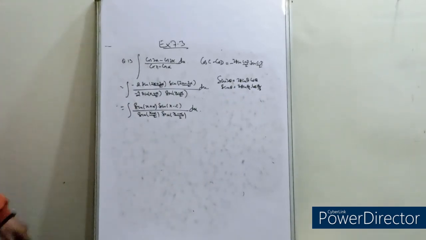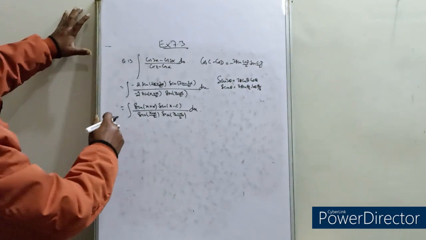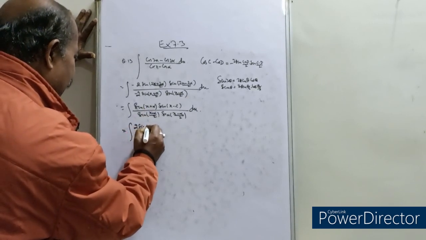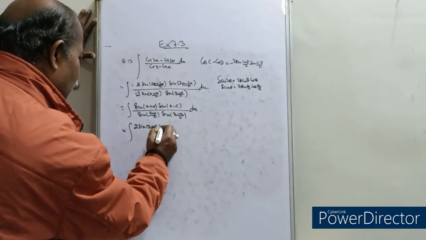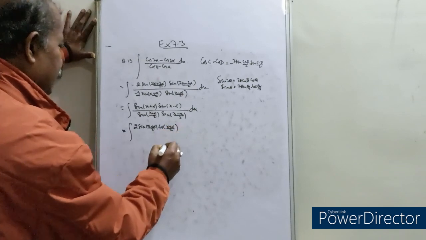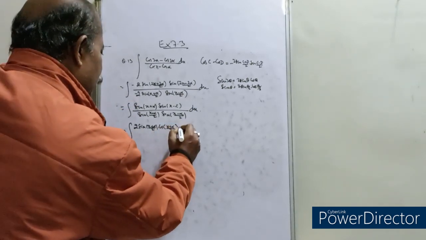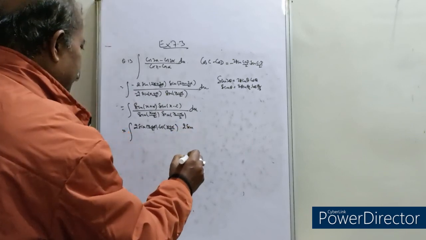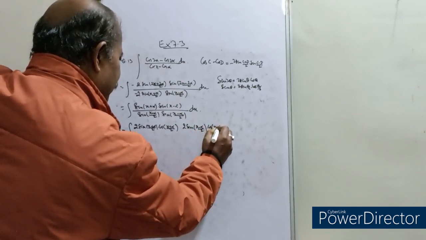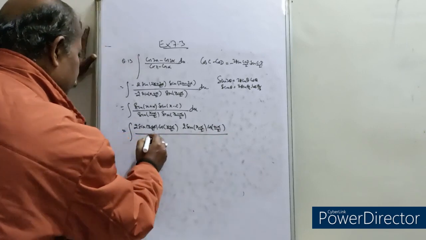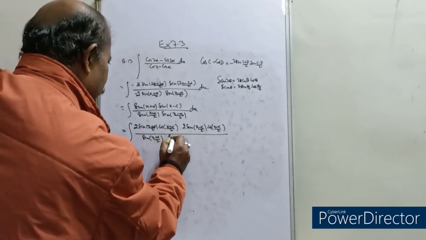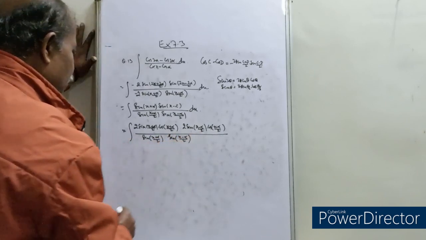So for this, it is 2 sine (x plus alpha) by 2 into cos (x plus alpha) by 2, and for this also 2 sine (x minus alpha) by 2 into cos (x minus alpha) by 2, and in the denominator it is sine (x plus alpha) by 2 into sine (x minus alpha) by 2.